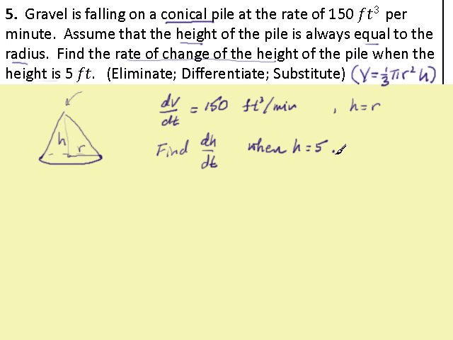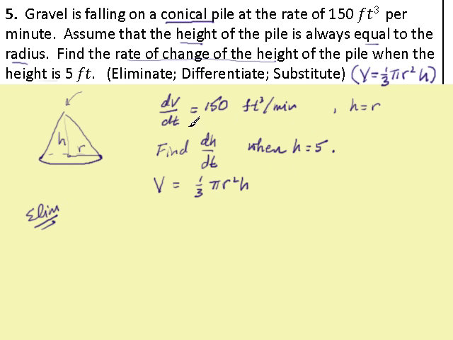We're going to work with the volume formula, and notice it involves three variables, V, r, and h. So before we differentiate, we're going to have this eliminate step. That will be step 1. We're going to eliminate the variable that we're not interested in.